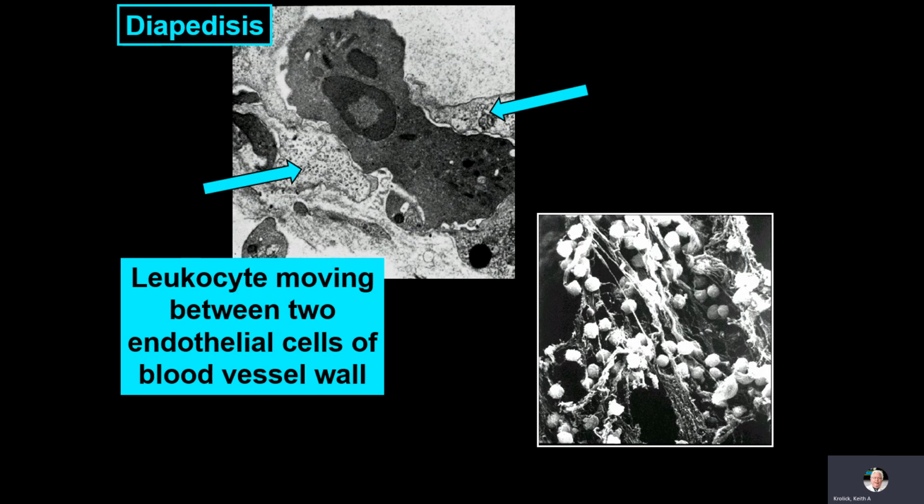And so this image here on the right is showing you some infected tissue with all of these spheres. These are all leukocytes that have left the bloodstream, that have moved into the infected area and are now going to do the job that they're designed to do. Okay.